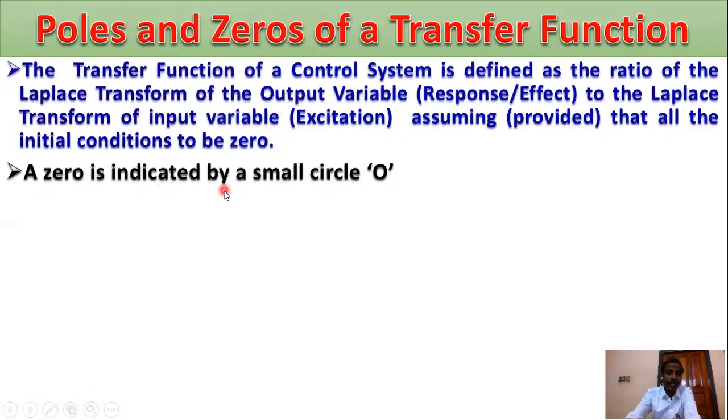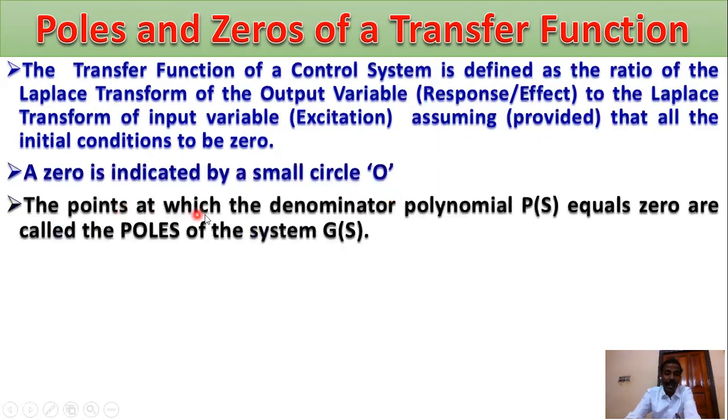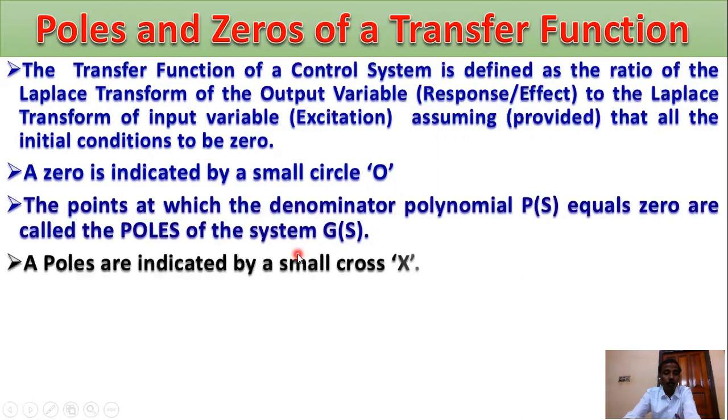A zero is indicated by a small circle, already discussed. The points at which the denominator polynomial P(s) equals zero are called the poles of the system G(s). In this particular problem, at s equals minus 1, there is one pole only. A pole is indicated by a small cross, and a zero by a small circle.